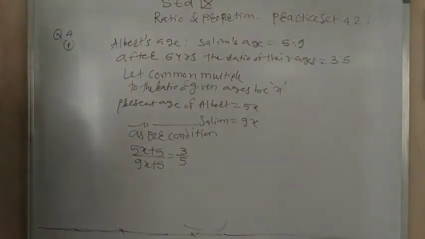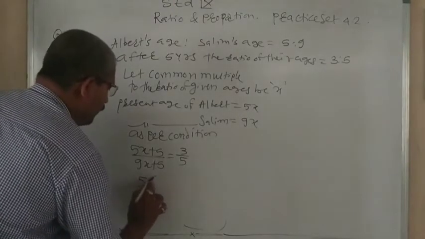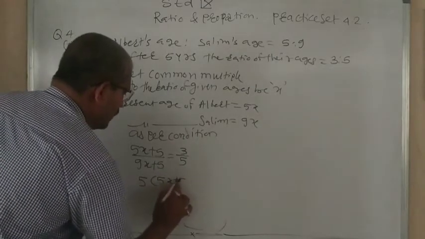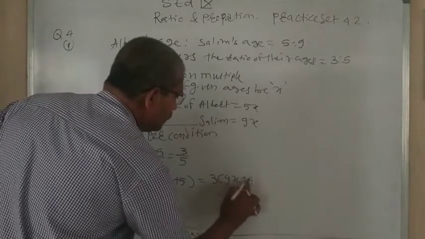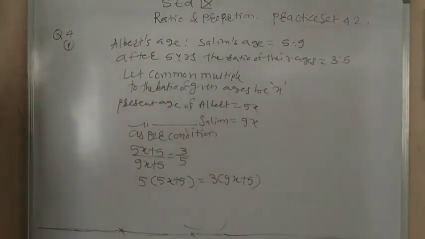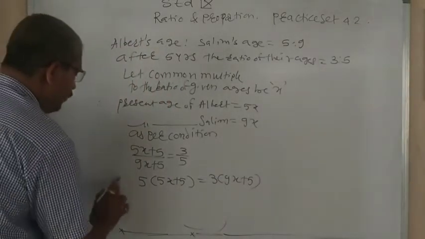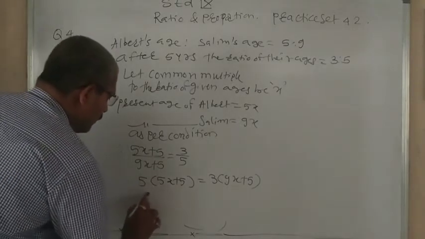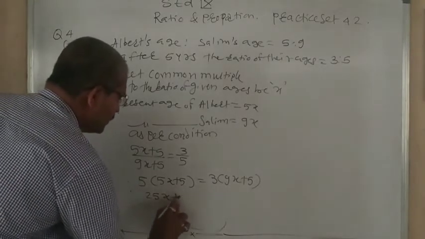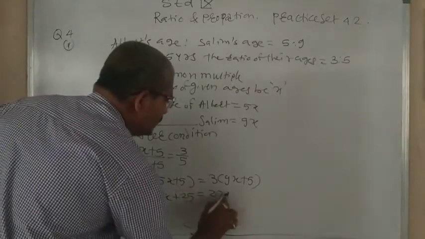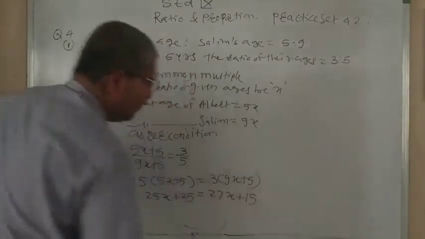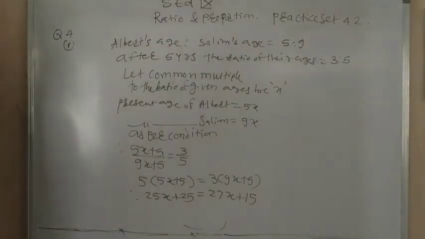Now we will take cross multiplication. 5 in bracket 5x plus 5, equals 3 in bracket 9x plus 5. Now 5 into 5, 5 5s are 25x, 5 5s are 25, 3 9s are 27x, 3 5s are 15. Now what to do?